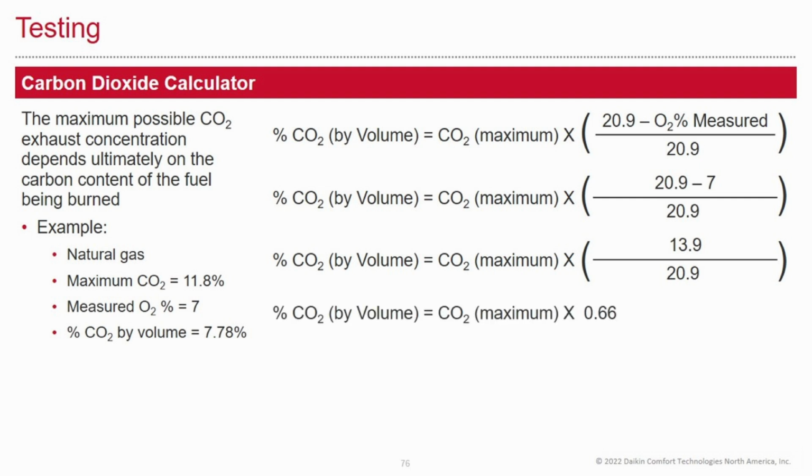So the CO2 by volume is the CO2 maximum times 0.66. The maximum CO2 is 11.8. So we would take 11.8 times 0.66, which would give us 7.78% CO2 by volume.